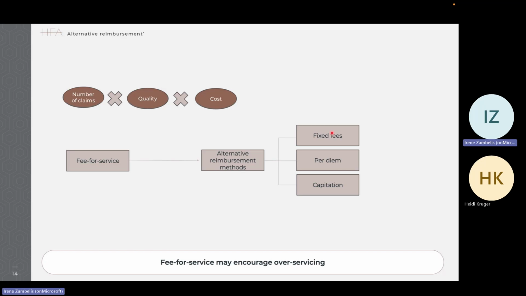A per diem is a day fee. So for every day in hospital, there will be a fee charged specific to procedures. So for a hip replacement, day one, the hospital will often get a higher fee.